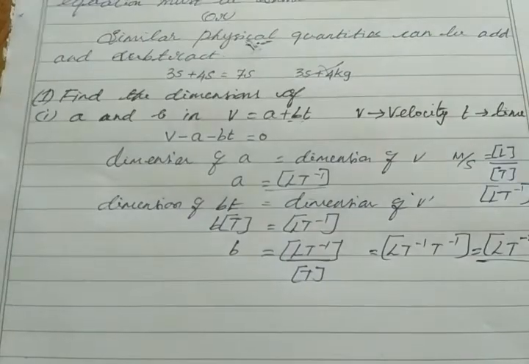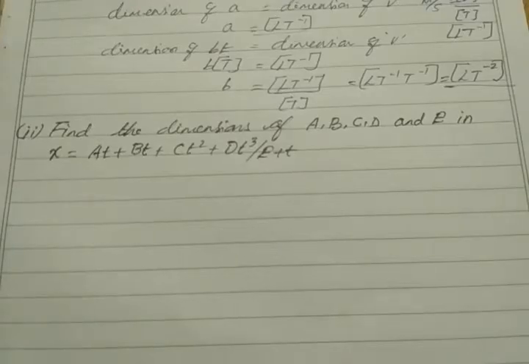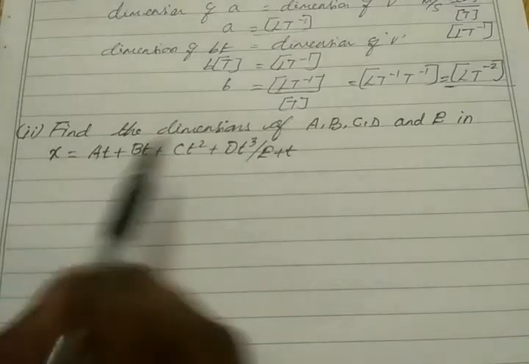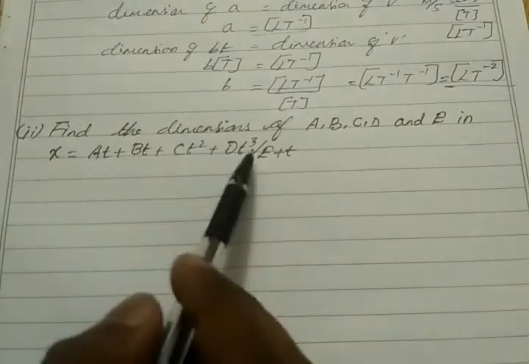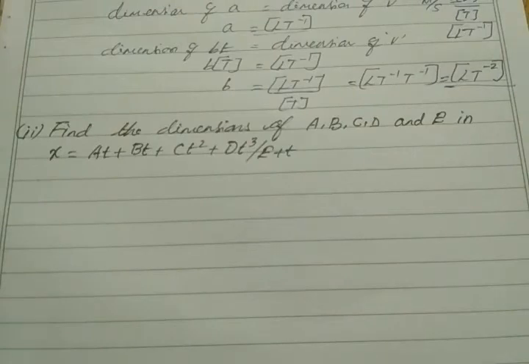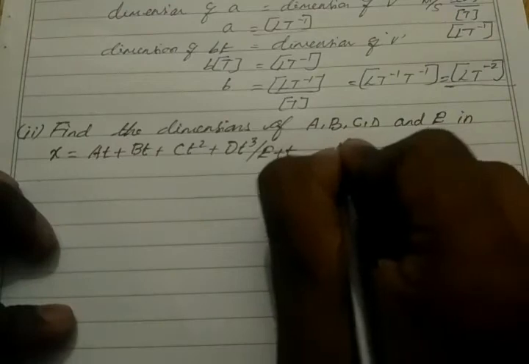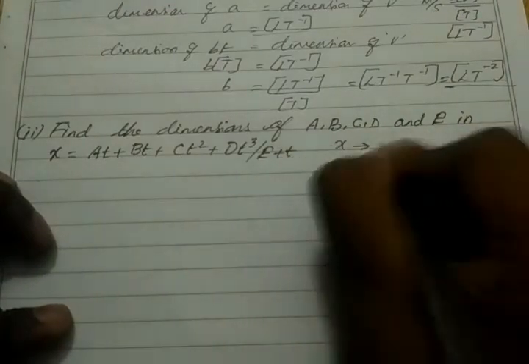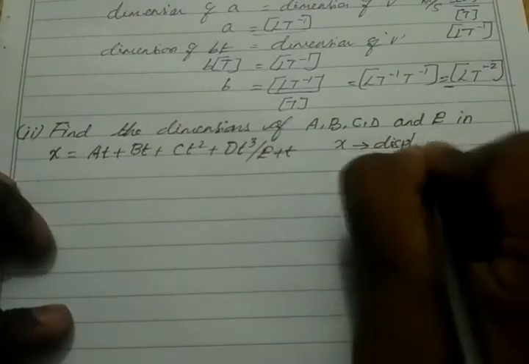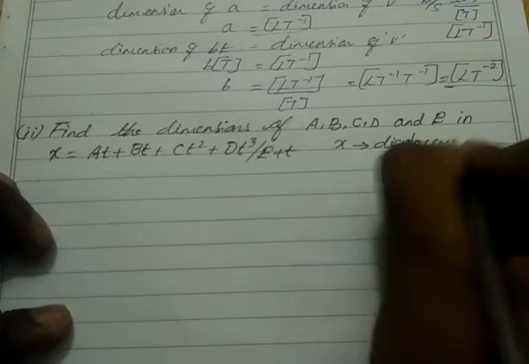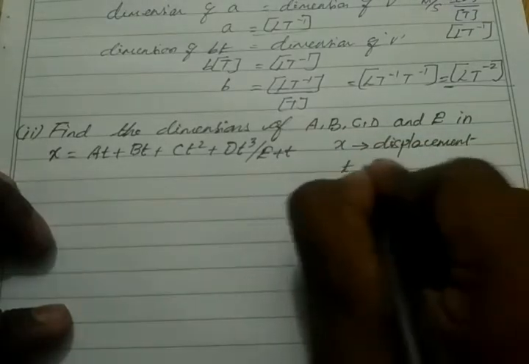Clear? Next question, find the dimensions of A, B, C, D, E in x equal to AT plus BT plus CT square plus DT cube divided by E plus T. Here x means displacement and T means time.